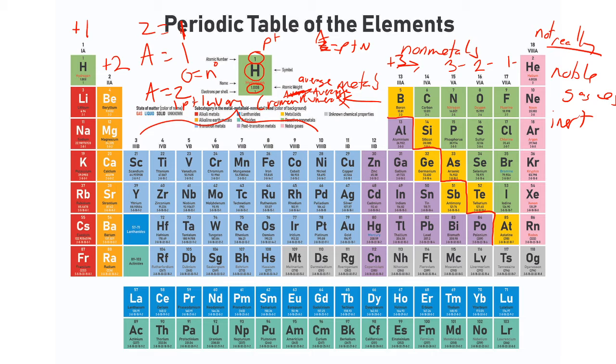So in the real world, most hydrogens do not have a neutron because their mass number is 1. However, there's a very small abundance, what we call isotope abundance, of hydrogen that has slightly more than 1.